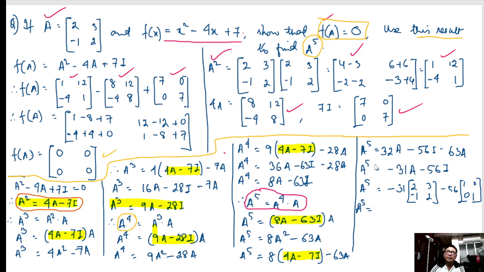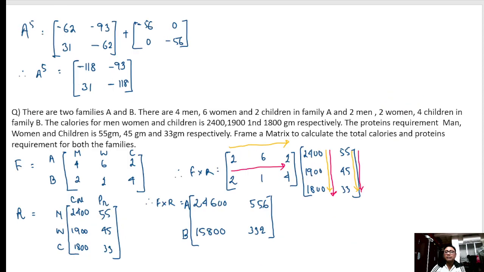Now we have come that A5 is actually this. Now what we are doing is we are putting the value of A here. In place of A we will put the matrix A, and in place of I we will put the matrix I, and then we can calculate it. And so friends, the matrix A5 will now be calculated, and we get this is the A5. Clear?